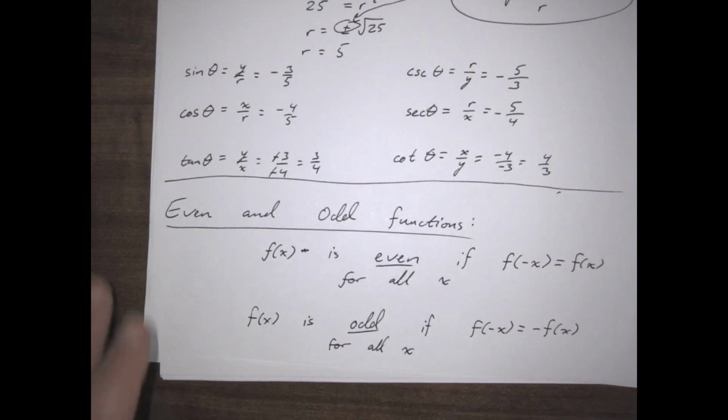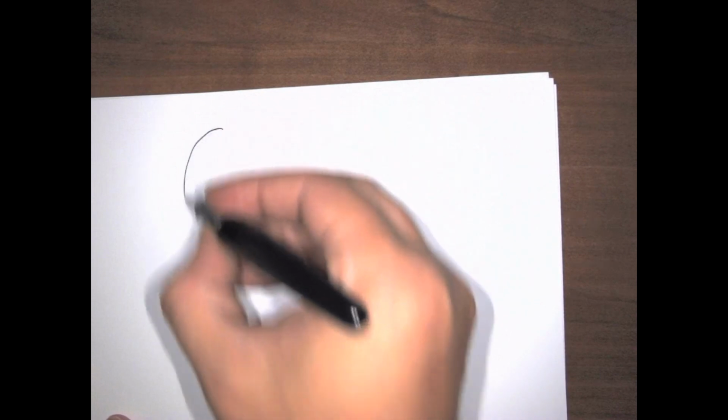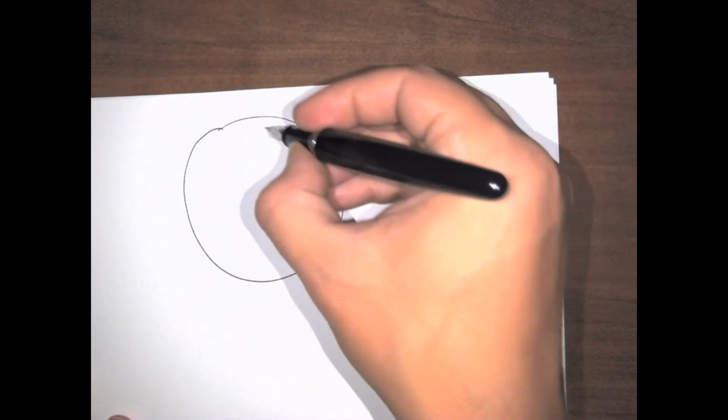So now, if we think about the trigonometric functions, and we think about what it means to plug in positive versus negative values, let's just think about the symmetries of the circle here.